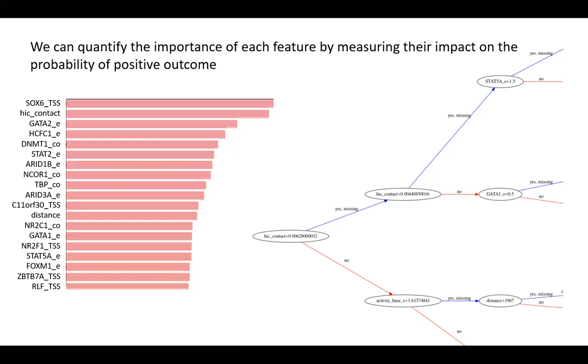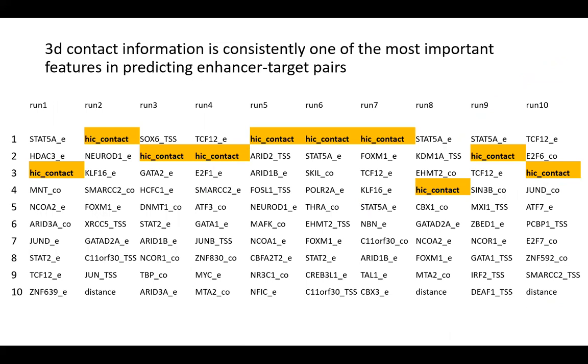And you can measure that importance and rank the variables by their importance. And we ran this 10 times, and what you find is that Hi-C contact is almost always in the top ranking of how important it is in predicting enhancer promoter relationship.